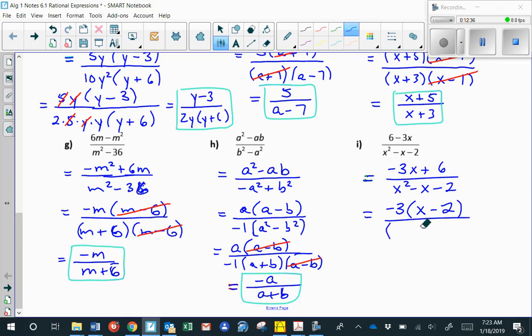And in the denominator, you'll notice that we have a trinomial with a leading coefficient of 1. That means that the two binomial factors must each start with a term of x. Secondly, the factors of -2 that add up to -1 are -2 and +1. Now we can cancel the x minus 2 factors, and the final result is -3 over x plus 1.